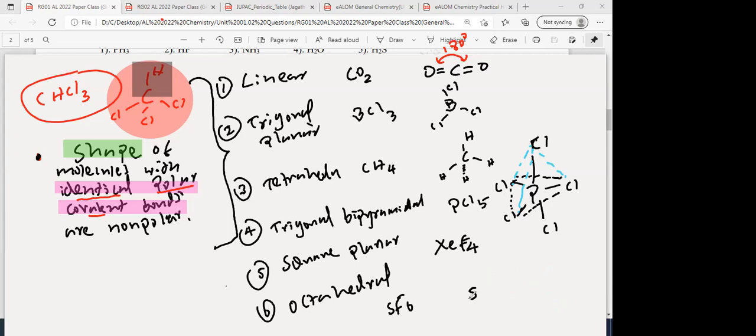There will be 4 bonds in the horizontal plane, above the plane 1, below this plane 1, like that. So this is fluorine. Above this plane I'll put the red one, fluorine, and below this plane, fluorine.